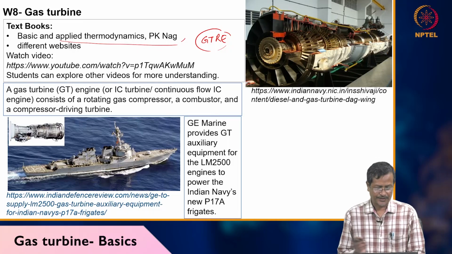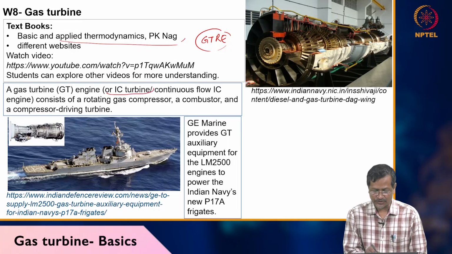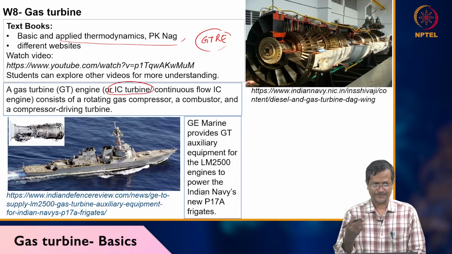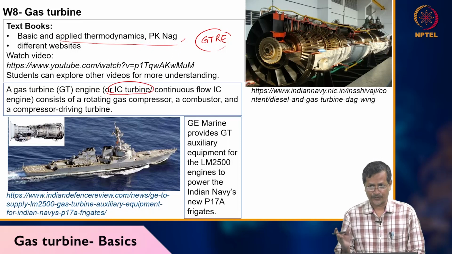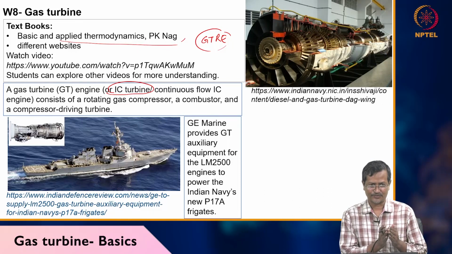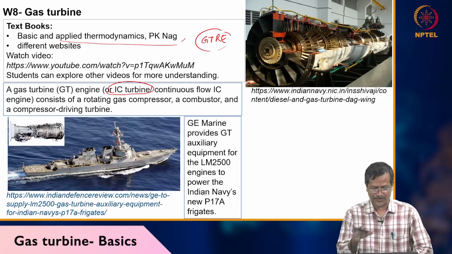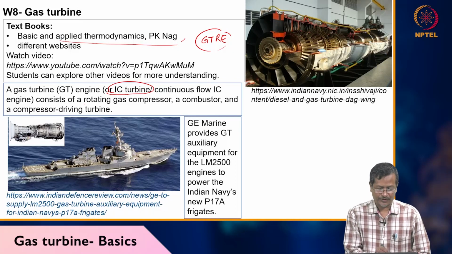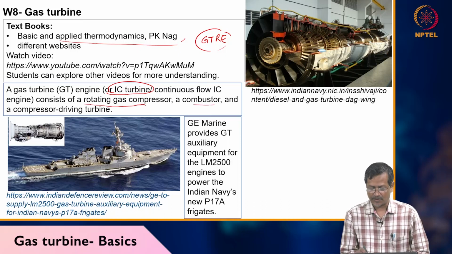A gas turbine engine is also an IC engine, an internal combustion engine. The internal combustion engine we have seen is a reciprocating type engine, but here it is not reciprocating, it is a continuous flow type engine. So I have two types of IC engine: one reciprocating, another continuous flow. It consists of a rotary gas compressor, a combustor, and a compressor-driven turbine.